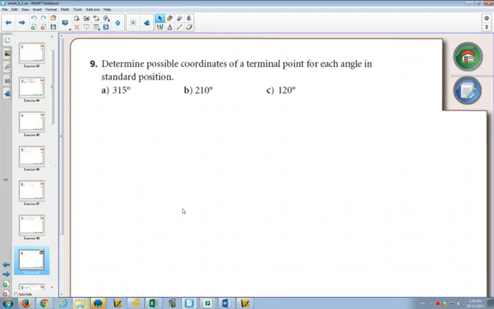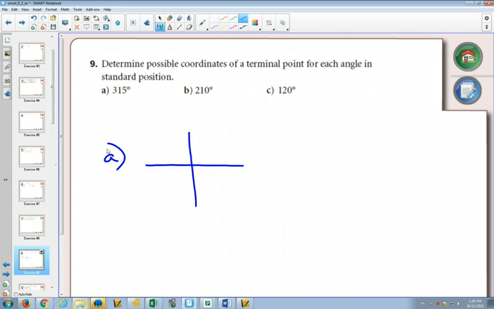And we're going to do 9a together. It says determine possible coordinates of a terminal point for each angle in standard position. So the first thing you're going to do is you're going to draw 315.